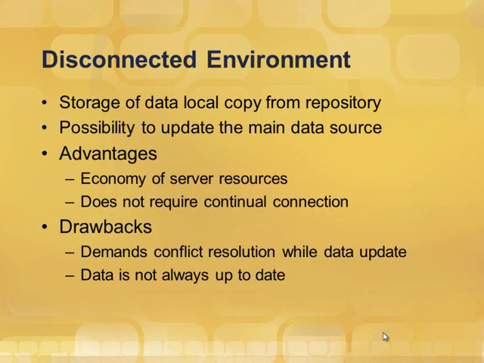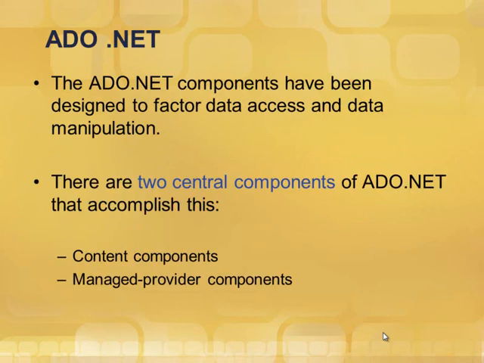Okay, I've talked about this. Let's come back to ADO.NET again, just to recall the things we have already studied. When we talk about ADO.NET, I've told you it's an intermediary between your application and the database. There are two main components in ADO.NET: one is the content components, and the other one is the managed provider components.